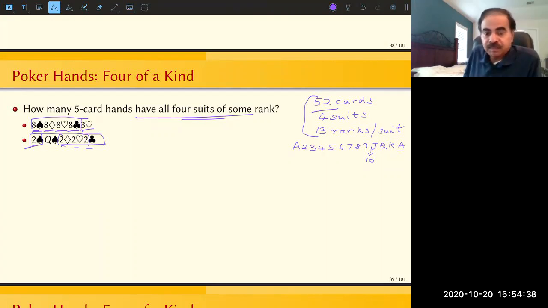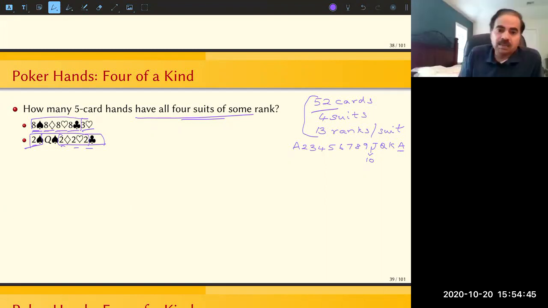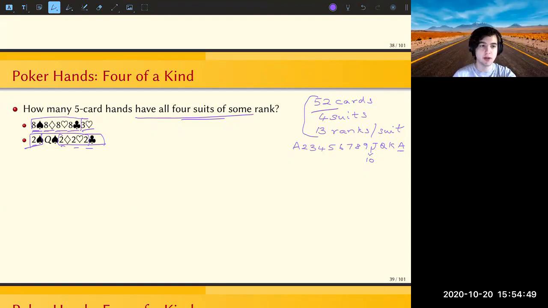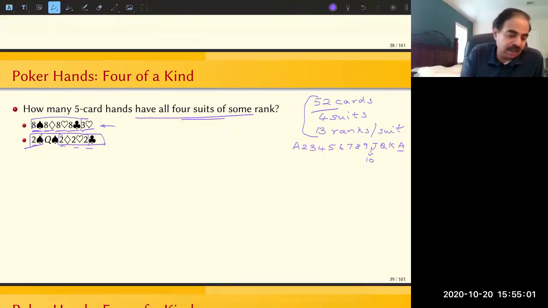Greg? Then maybe 13 times 48. So you want to explain? Yeah, the idea with 13 times 48 is you have 13 choices for the rank that repeats.